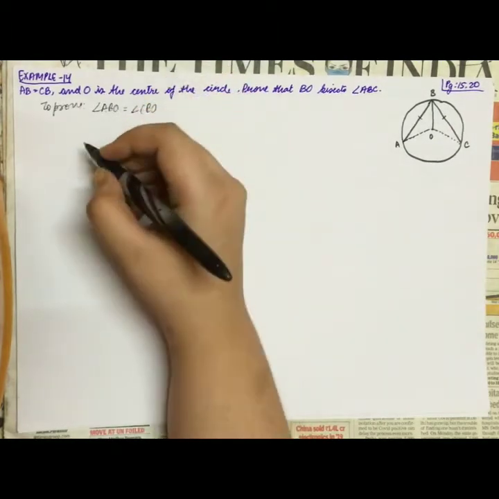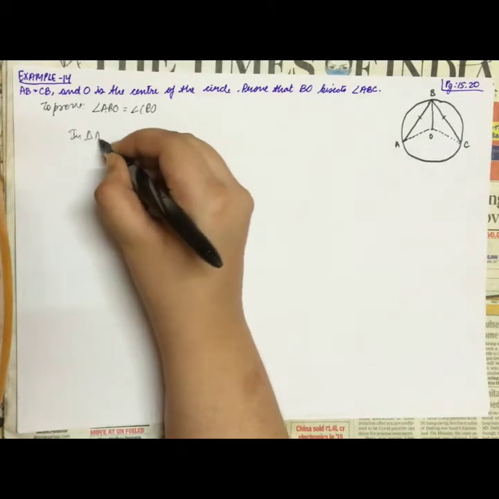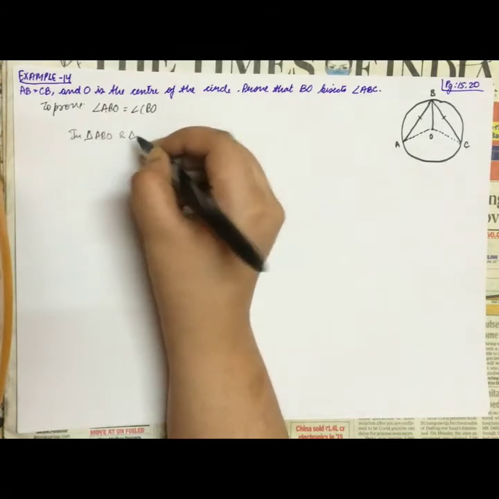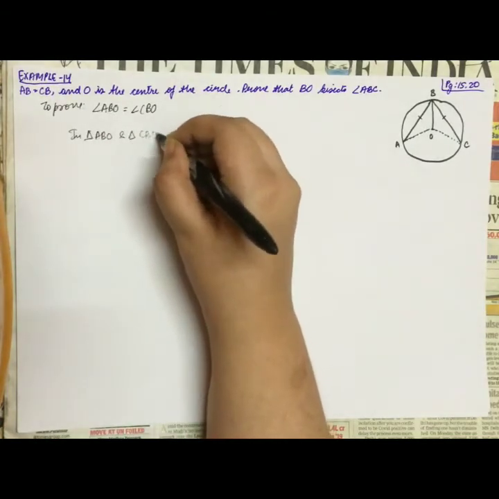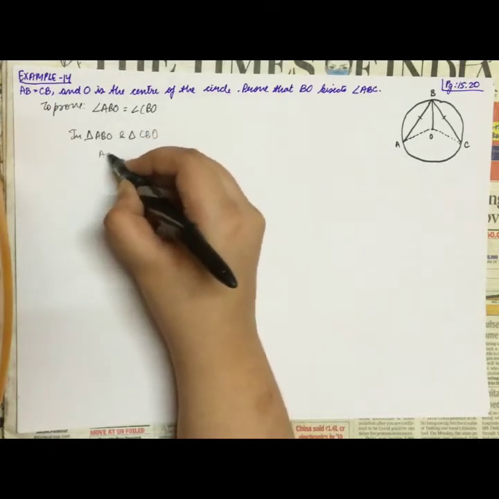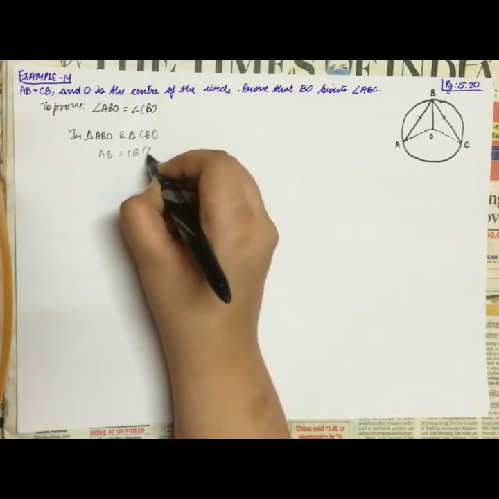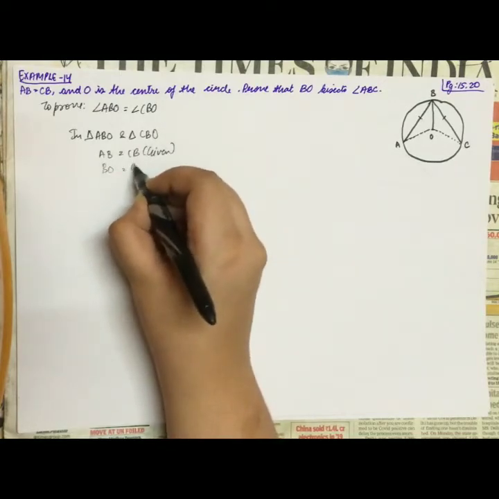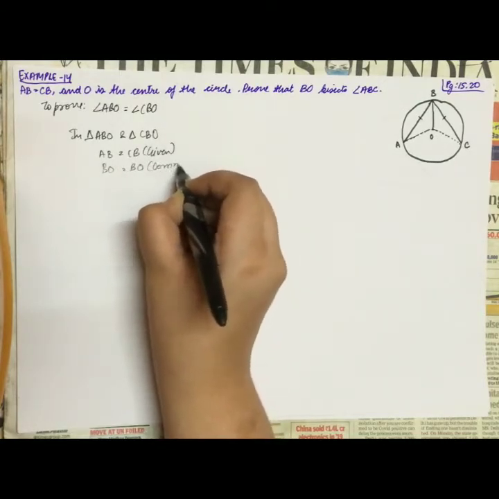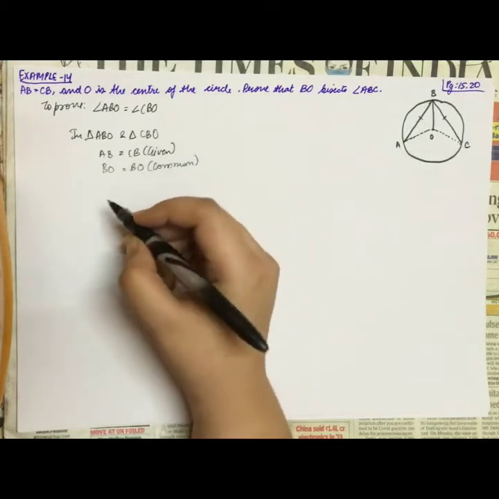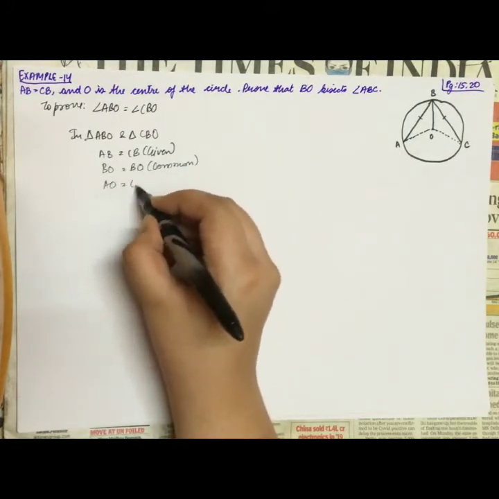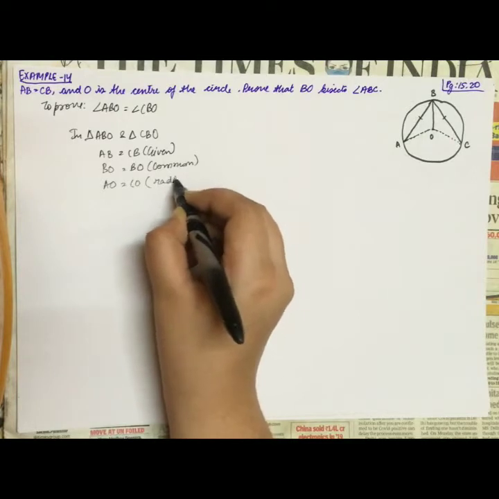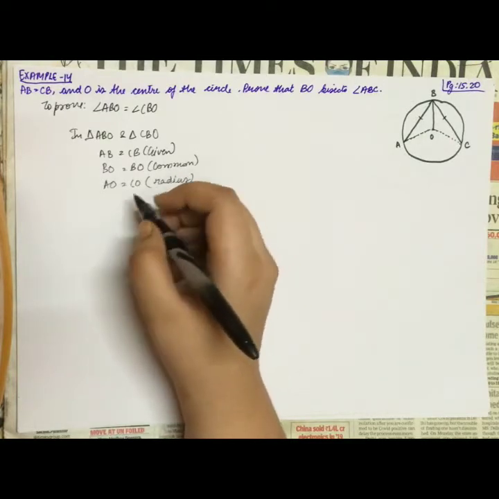Now we can see that in triangle ABO and triangle CBO, AB is equal to CB as it is given to us. Now BO is equal to BO as it is common in both the triangles, and AO is equal to CO as they are the radius of the circle.